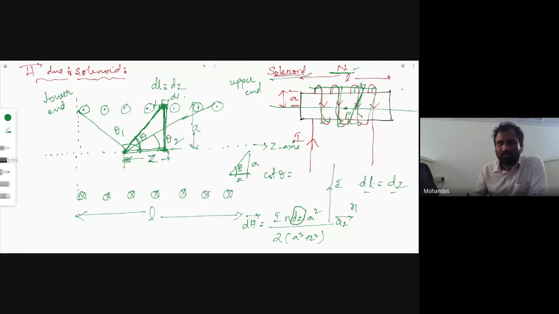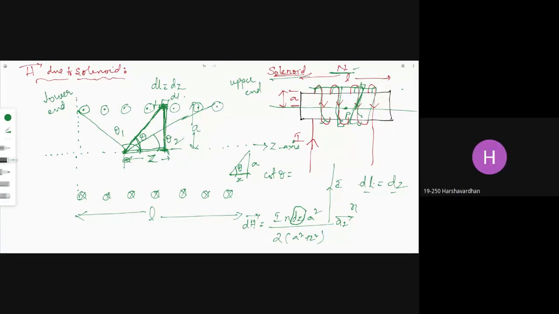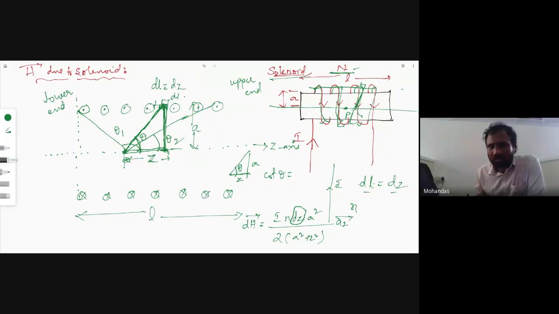What is the cot theta? Z by A, sir. Very good, Z by A. From this, what is the Z?